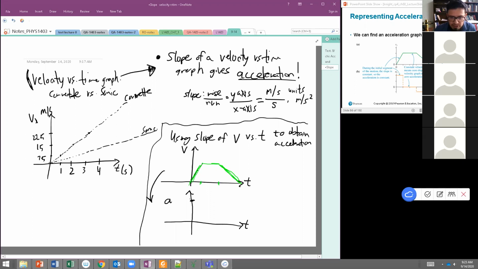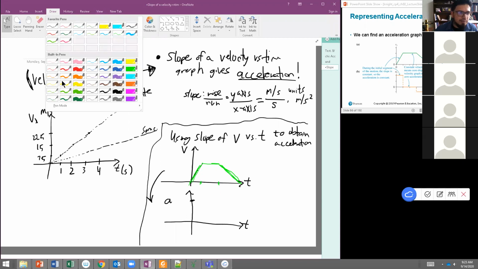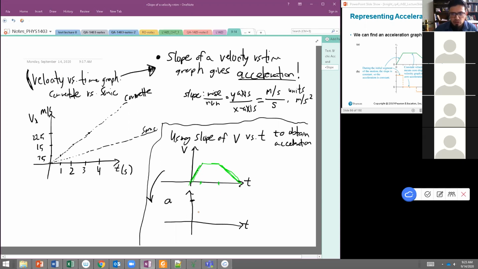So we know we're going to have some sort of value that's sitting kind of high up on that graph. And it's a constant slope, so it'll be a constant value. And then when we get to this point, all of a sudden we see that the slope is 0. So that means our acceleration has to be 0 in the entire time that our slope there is flat. So we get something that looks like this.